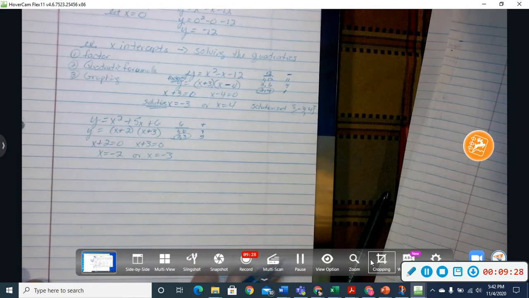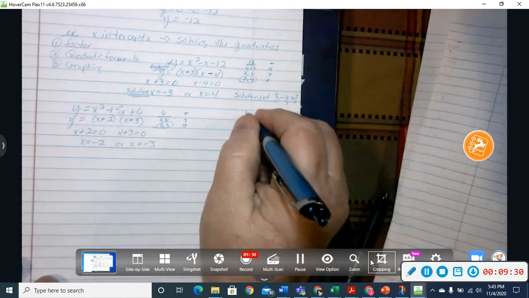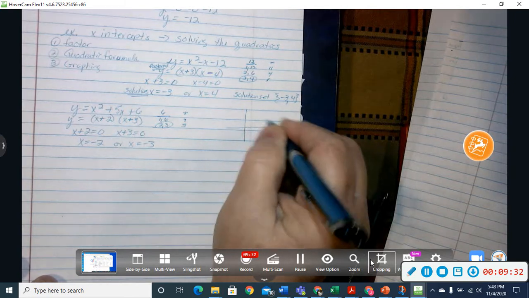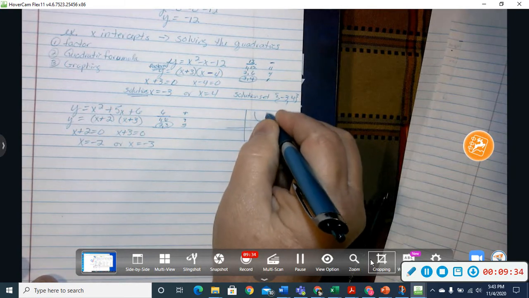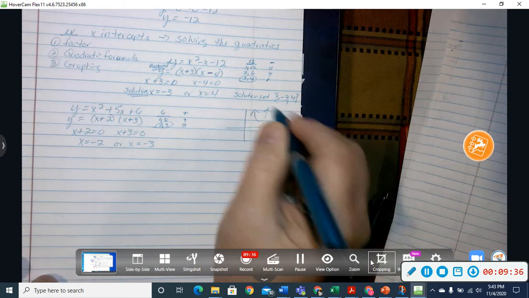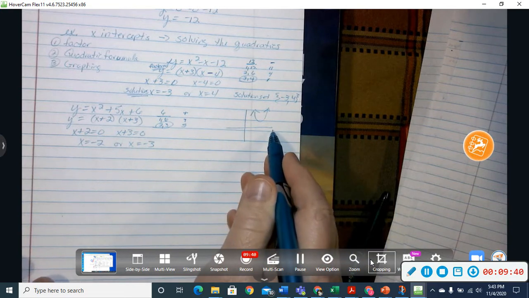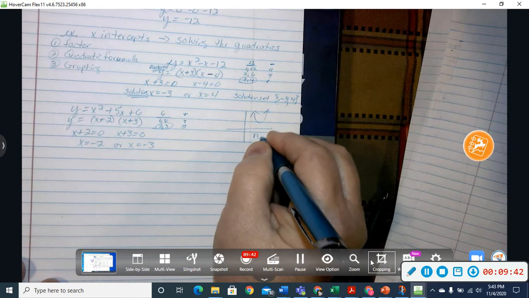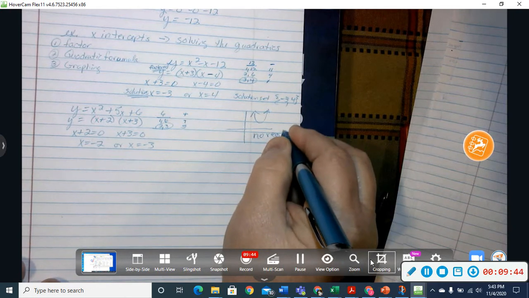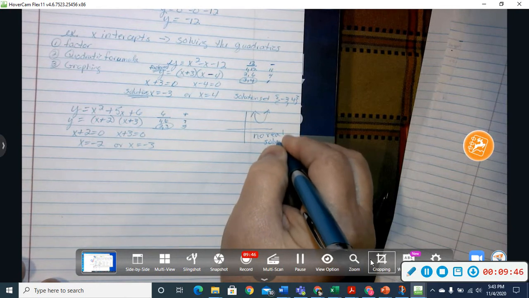Now, it is possible that when you graph quadratics, the graph does not cross the x-axis. And when it does not cross the x-axis, there are no real solutions possible.